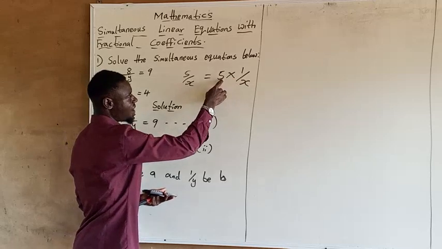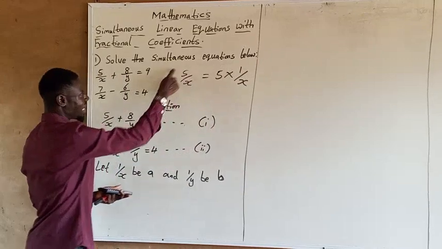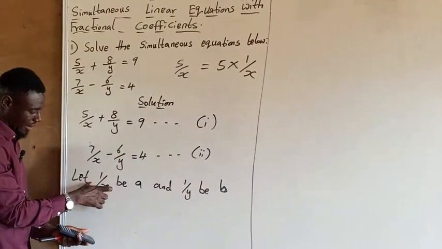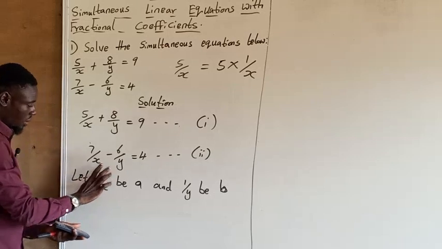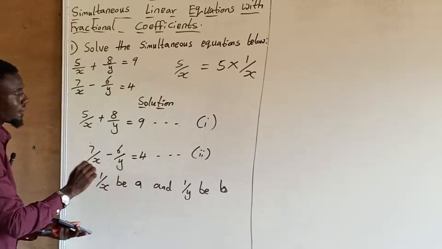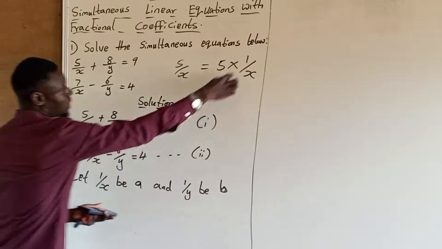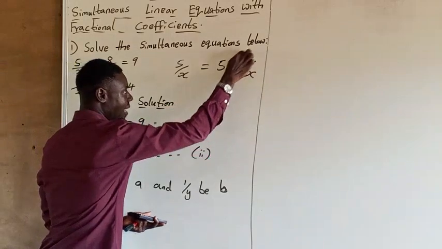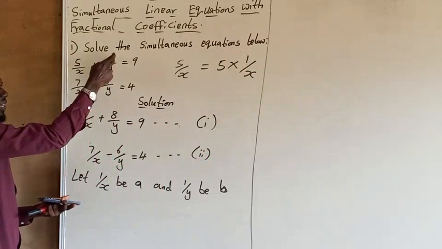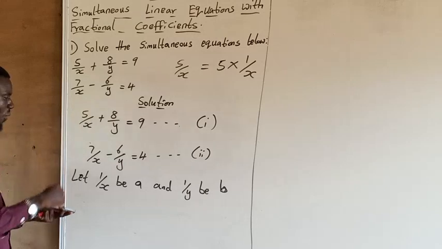If this 5 times 1, if 5 goes to this place, you see that automatically I will have my original equation. That is why I say let a represent 1 over x. If this particular value here is our a, then something will happen when the 5, the 8, the 7 and the 6 shift a bit.